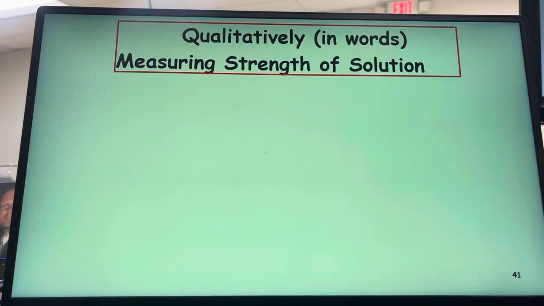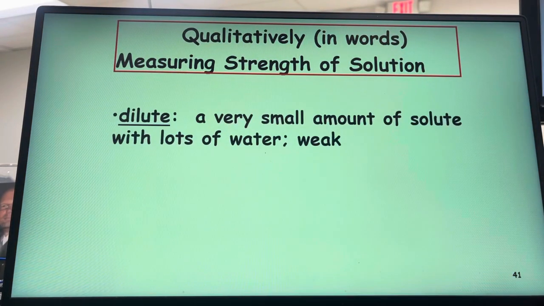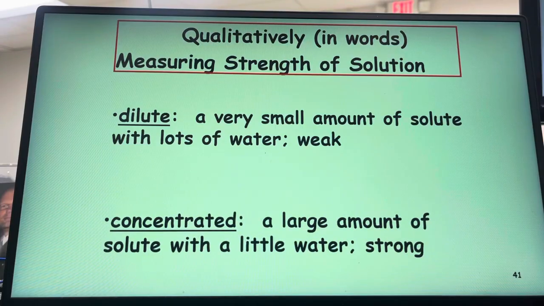So qualitative is with words, like we said. So it could be dilute. That means there's a very small amount of solute with lots of water, a weak solution, or concentrated. So a large amount of solute, so strong.